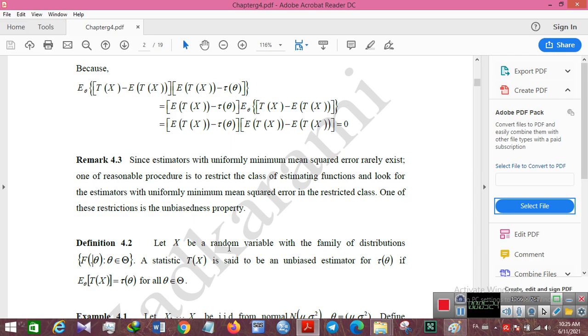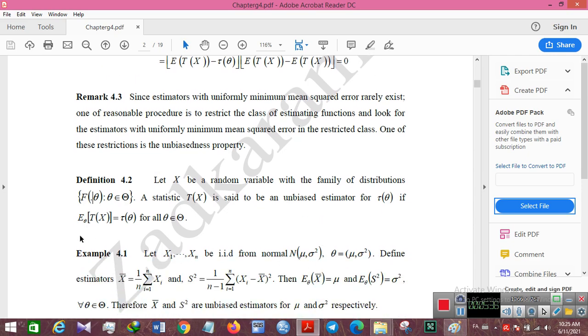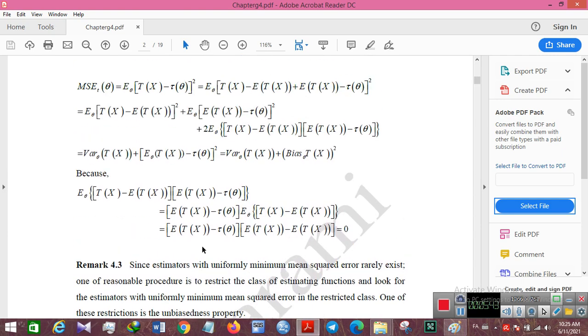If X is a random variable with distribution f, the estimator T(X) is an unbiased estimator of theta if the expectation of T(X) is equal to theta. So in this case the bias is equal to 0 and the mean square error is equal to the variance of T(X). So the minimum of the mean square error is equal to the minimum of the variance.